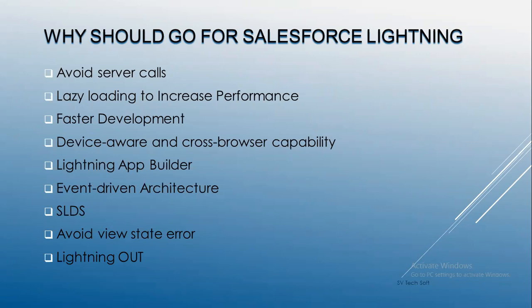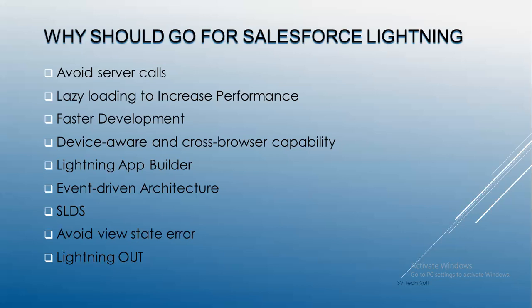Another one is SLDS. SLDS means Salesforce Lightning Design System. Salesforce provides out of the box features by default, right? But similarly, Salesforce gives one more thing, the Salesforce Lightning Design System. It gives the power to style your component in your own way, as per your need.